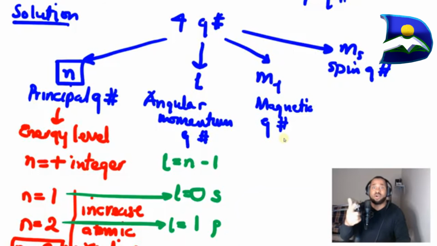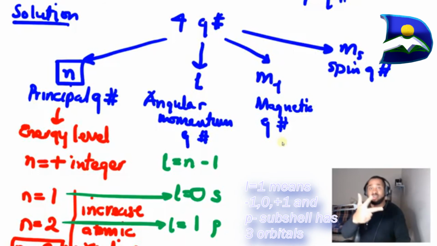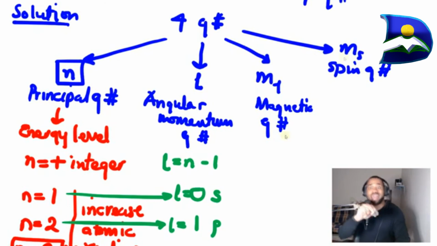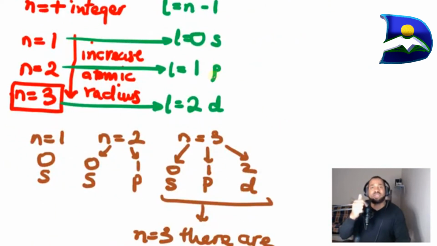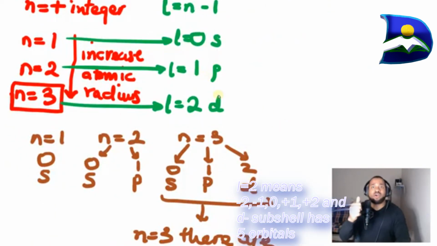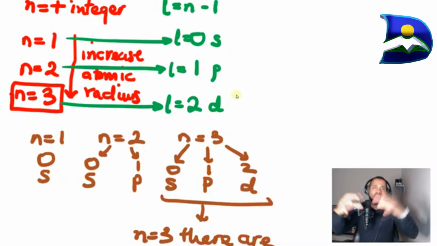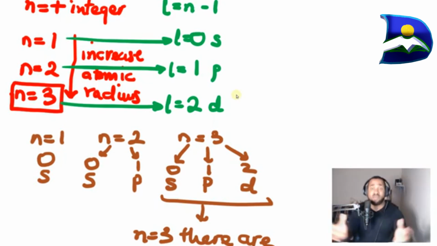However, the p orbital will have 3 different orientations, and the d orbital will have 5 different orientations, because as you get bigger in size, you have more diffuse space for electrons to be positioned.